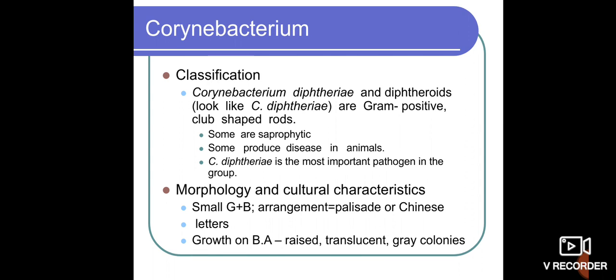The Chinese letter arrangement is there, and generally they have metachromatic granules also, by which they appear black in color at the ending. So in total we can say that they are thin, cylindrical, gram-positive bacilli, but easily decolorized.